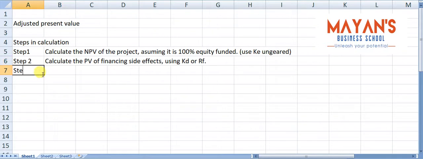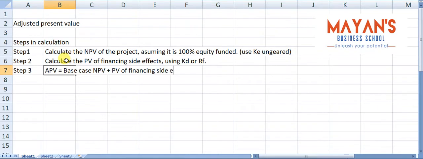Step 3: adjusted present value equals the sum of the step 1 and step 2 answers. The step 1 answer we call base case NPV. Step 2 is the PV of financing side effects.